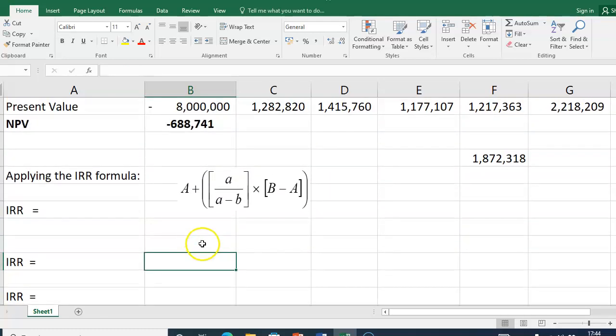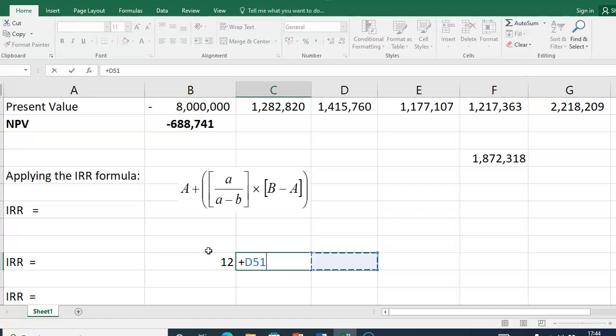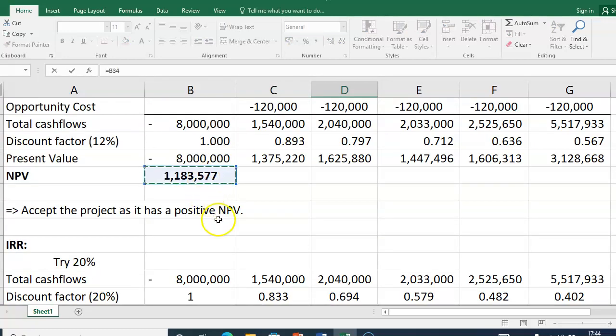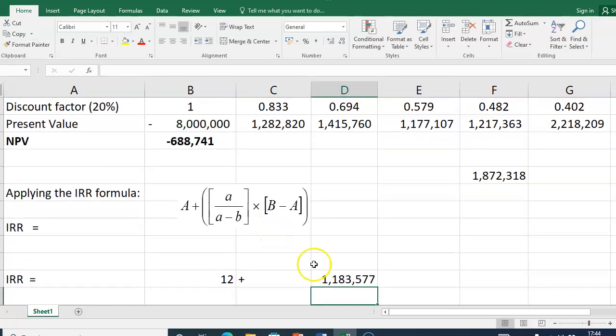Capital A is the smaller discount factor, so that's 12, plus the NPV of the smaller discount rate, which is 1,183,577.